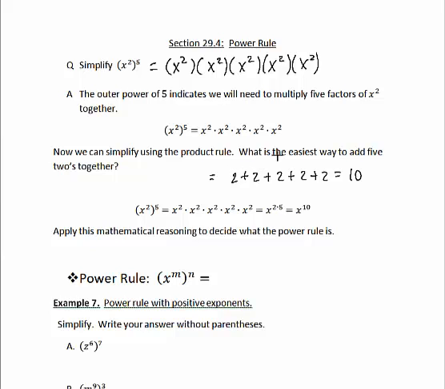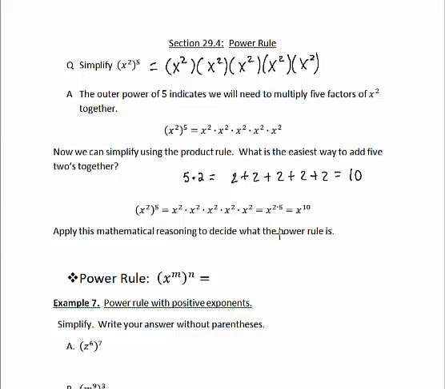Likewise, the addition of 1, 2, 3, 4, 5 2's can be written as 5 times 2 or 2 times 5. Okay, multiplication is just a shorthand way of writing addition. And so in the end, we get x to the 10th power.